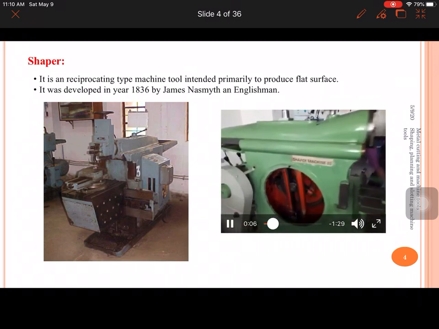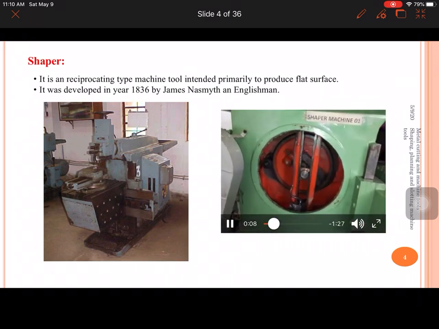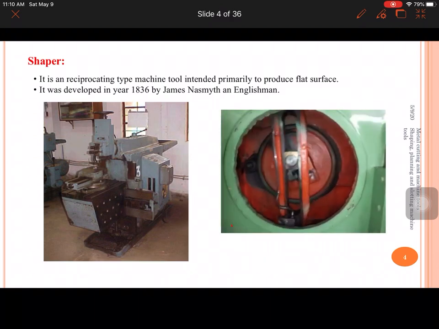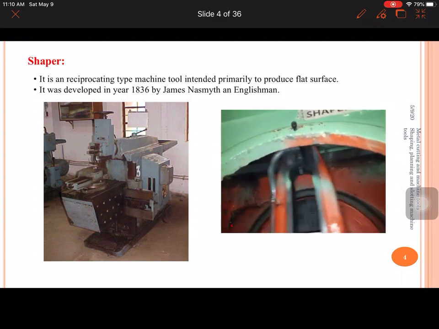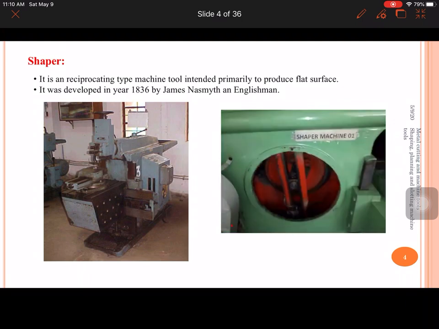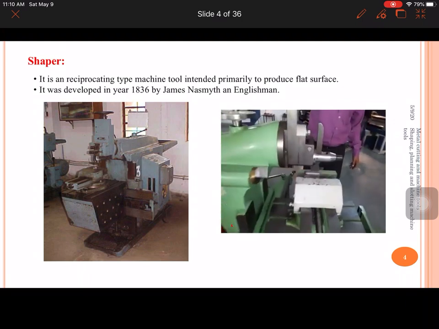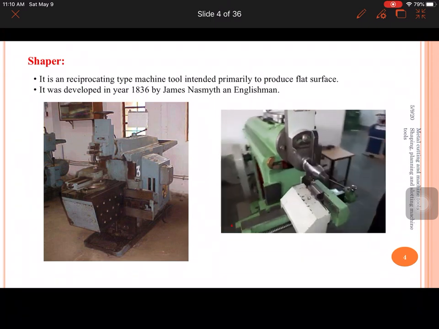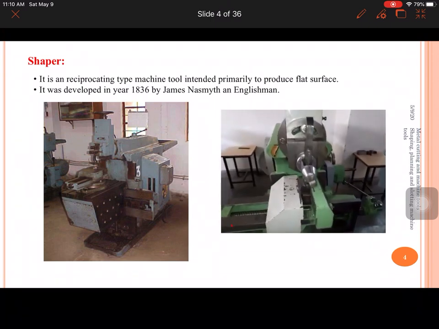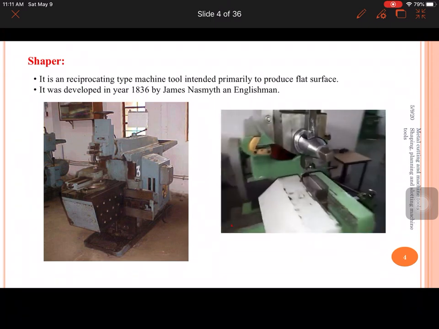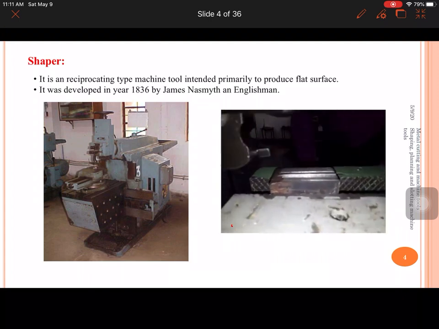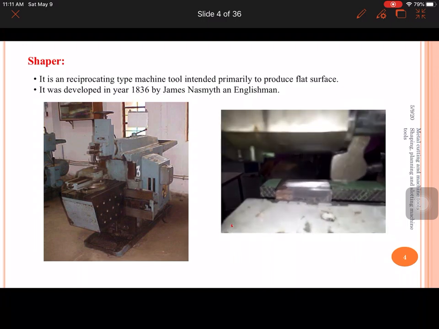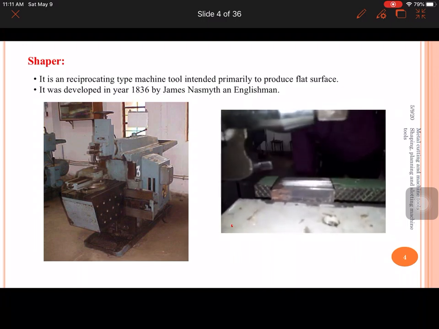You can see the crank and slotted lever mechanism is placed inside the column box, which is hollow shaped, and the ram which is holding the cutting tool at the front is reciprocating, and the work part is stationary and it is provided with intermittent feed motion in the cross feed direction.